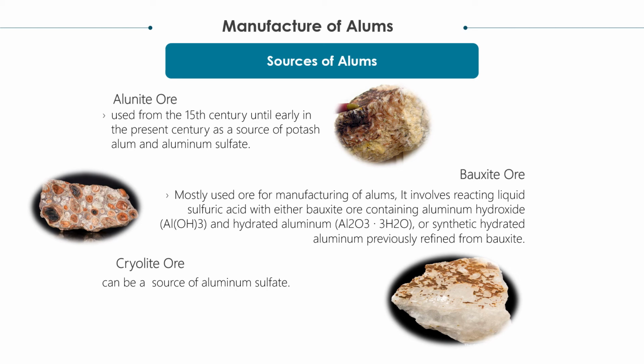These are the sources of alums. First is the alunite ore. It was used from the 15th century until early in the present century as a source of potash alum and aluminum sulfate. Second is bauxite ore, the most used ore for manufacturing of alums. Third is cryolite ore.